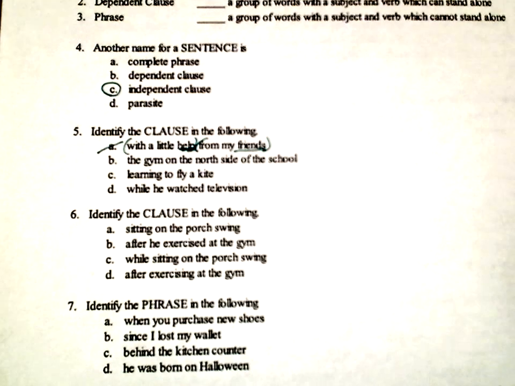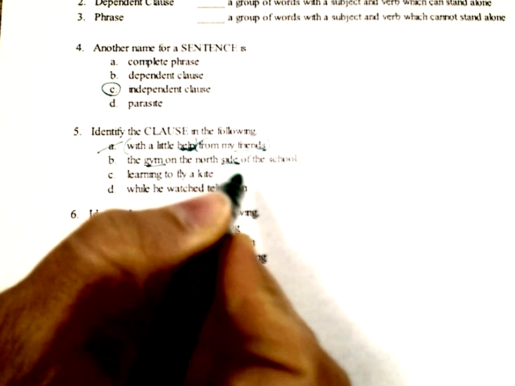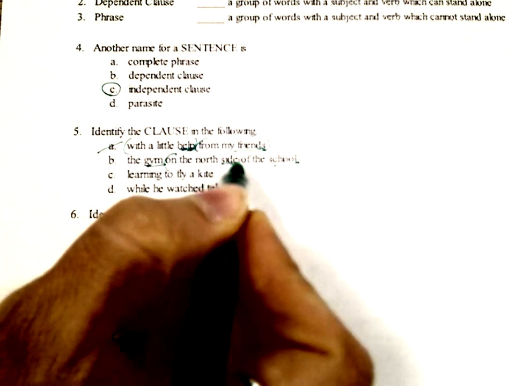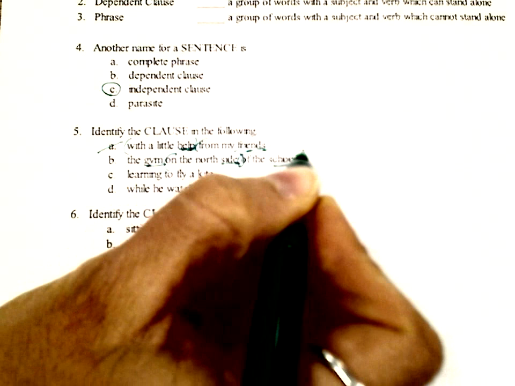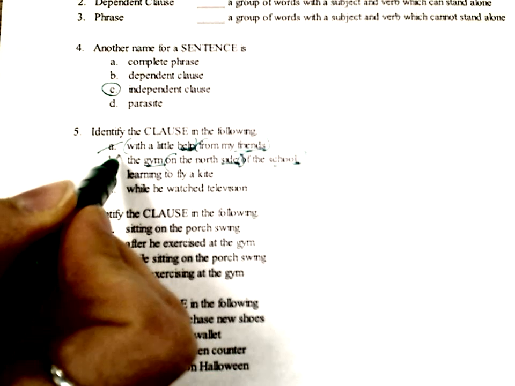That cannot possibly be the answer. The next one says the gym on the north side of the school. We have gym, which is a place, side, which is a place, and school, which is a place. All nouns, but we don't have any verbs. And actually, we have the prepositional phrases on the north side and of the school. So if you get rid of prepositional phrases, a lot of times that will help you. So once again, we do not have a clause.